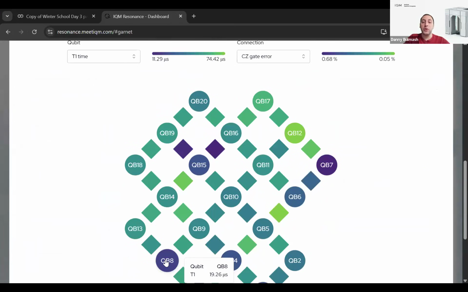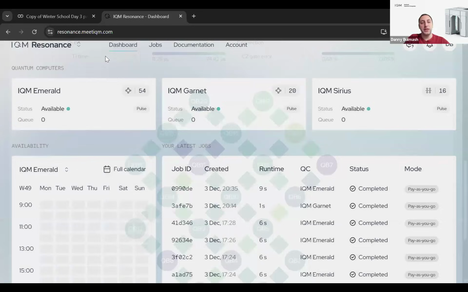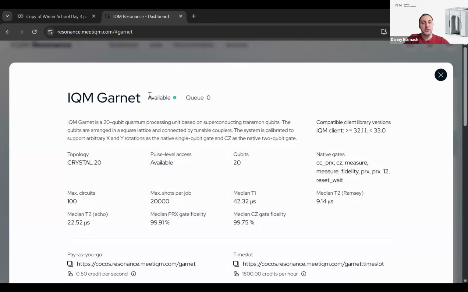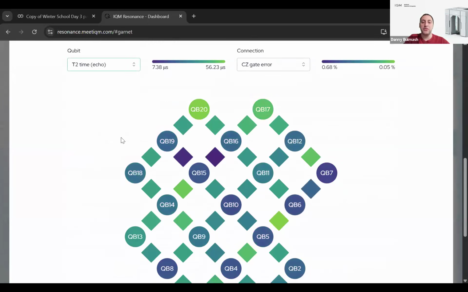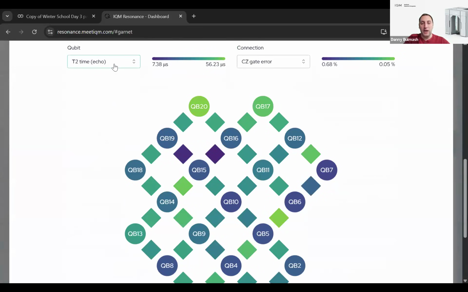One of the things we're going to want to pay attention to when we're running quantum programs is not just which qubits talk to which qubits, but also which qubits have low noise. This fluctuates a little bit over time. If you change what's in this menu here, it will give you different measures of the noise of the qubit.